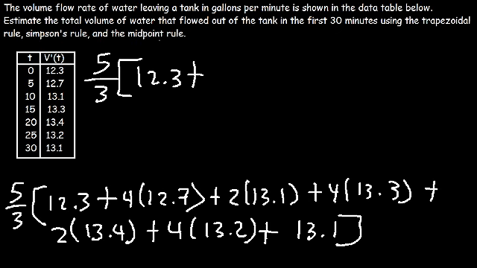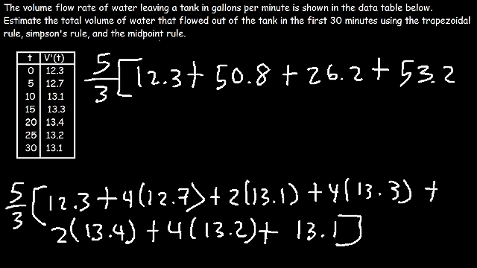Four times 12.7 is 50.8. 2 times 13.1 is 26.2. 4 times 13.3 is 53.2. 2 times 13.4 is 26.8. And 4 times 13.2 is 52.8.